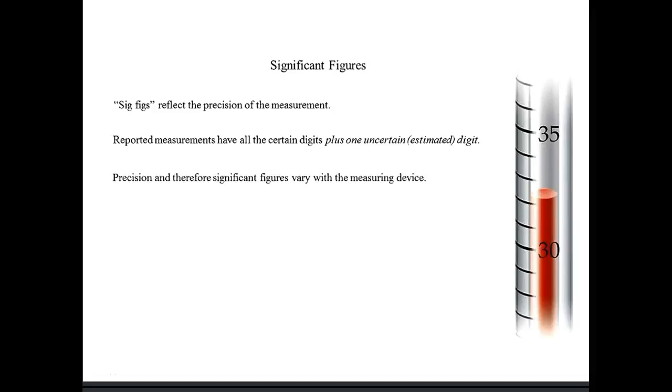So here we have a thermometer, and on this thermometer I think we would all agree that if we were going to record all the certain digits, then this temperature is somewhere between, if you look at the graduations, the red goes up to somewhere between 32 and 33, right?